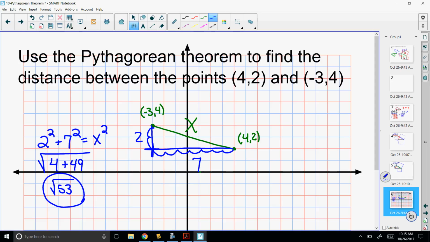Well, it's between the square root of 49 and the square root of 64. It's between there. It's greater than 7, right? But less than 8. Does that make sense? Yes. I know that x has to be greater than 7 because it's the hypotenuse, and the hypotenuse is the longest side.